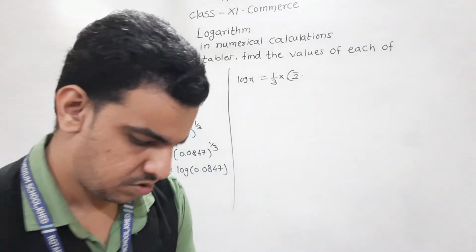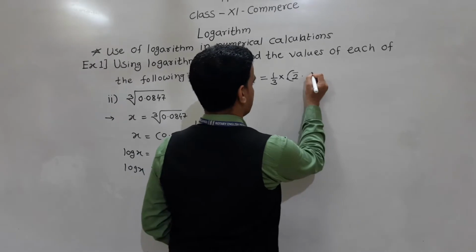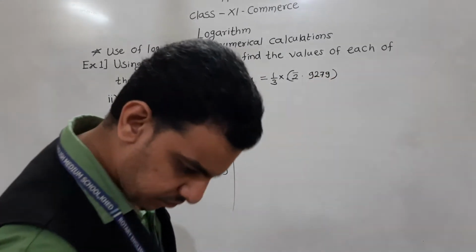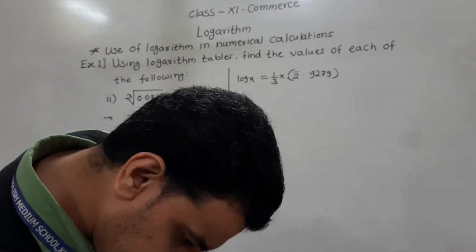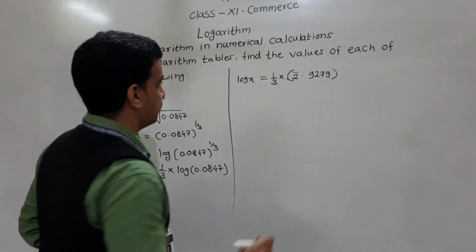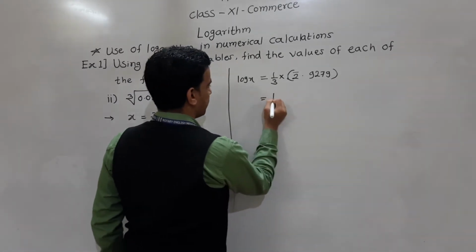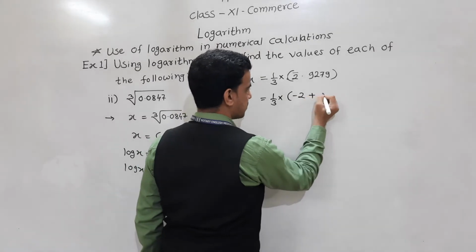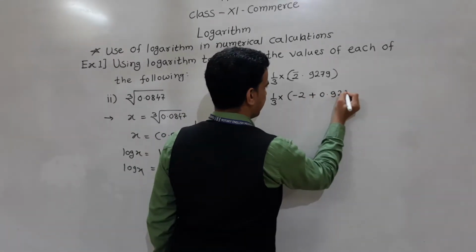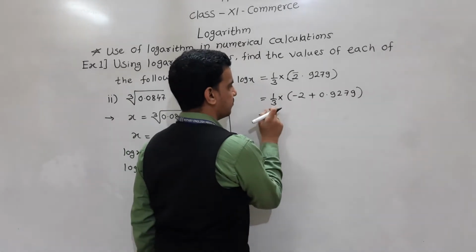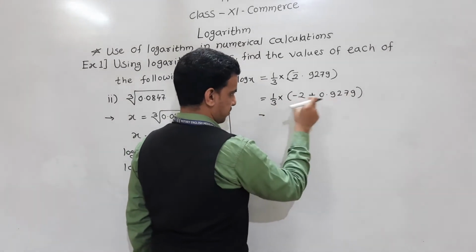Okay, so that number is 9279, in the 84th row. Okay, now 1 by 3 into this number, we can write -2 plus 0.9279. Okay, now we have to divide both the numbers by 3.